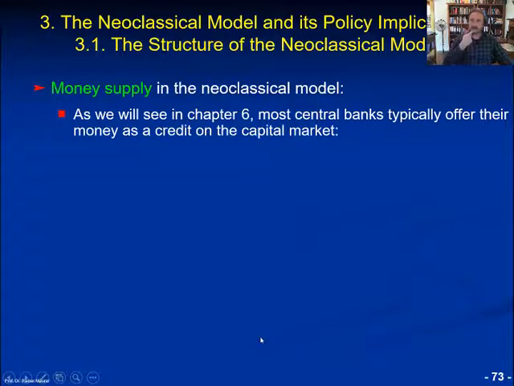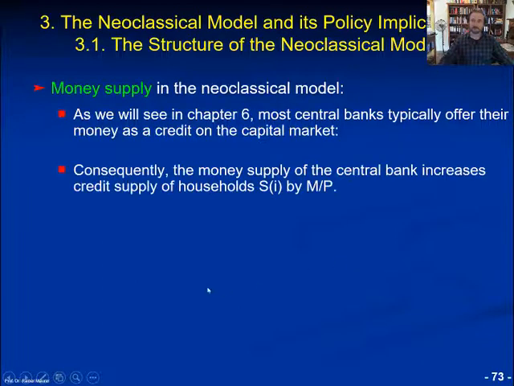As we will see in Chapter 6, most central banks typically offer their money as a credit to the capital market. Consequently, the money supply of the central bank increases the credit supply of households by the value of real money supply.